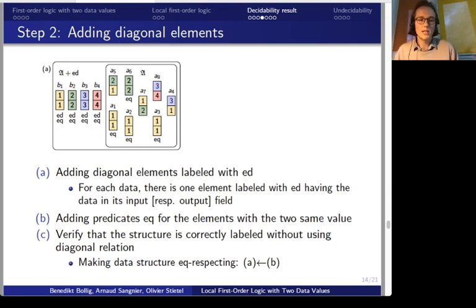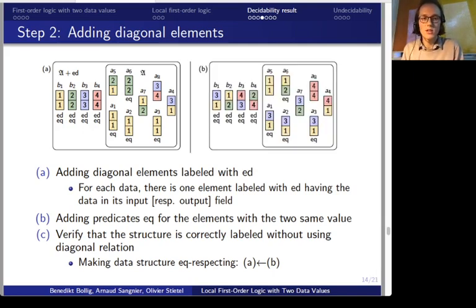We add the predicate eq for the element with the two same values. So for A and B, we do not need the diagonal relation for this, but if we have a formula satisfying AIB, it's not sure that the ed will be correct, but we can do this by permuting the first data value.